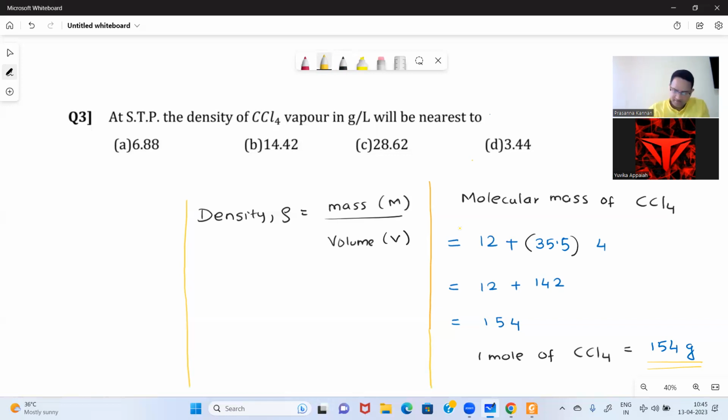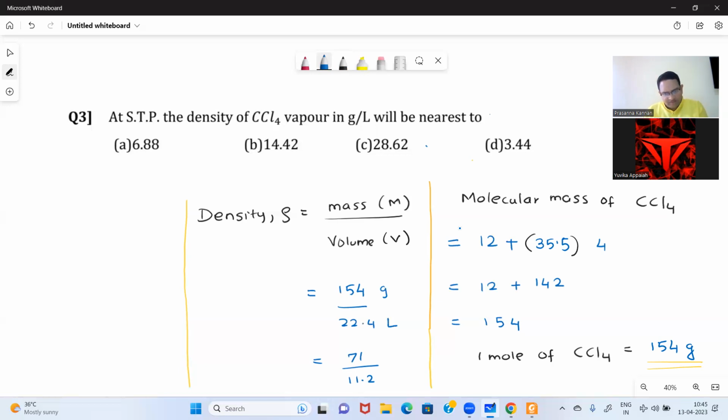Yes. So we know the mass, we know the volume. The mass is 154 and the volume is 22.4 liters. If I divide by 2, I'll get 71 here and 11.2 there.